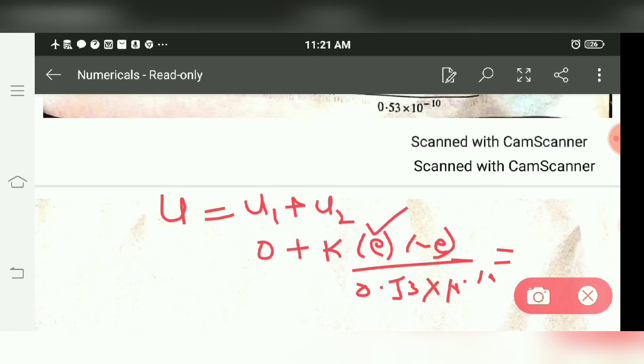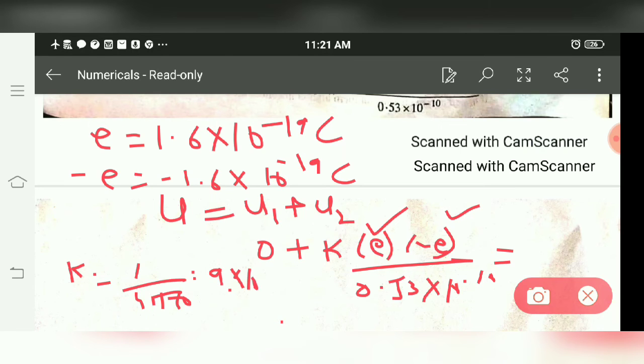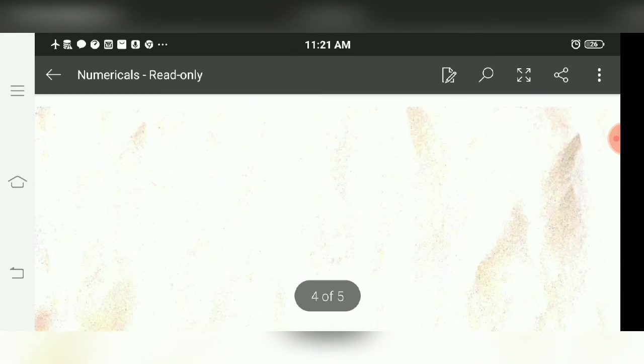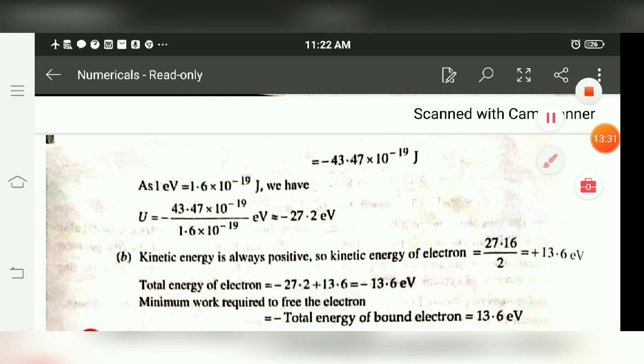By substituting values, e is 1.6 into 10 raised to power minus 19 coulomb, and minus e is minus 1.6 into 10 raised to power minus 19 coulomb. The value of k is 1 by 4 pi epsilon naught, equal to 9 into 10 raised to power 9 newton meter square per coulomb square. Now by substituting the values you get the result U, which is the potential energy.